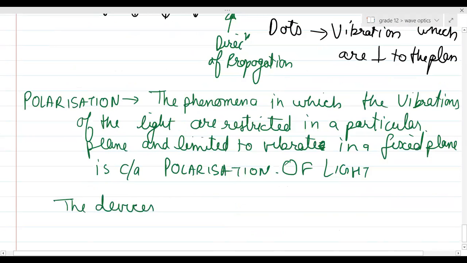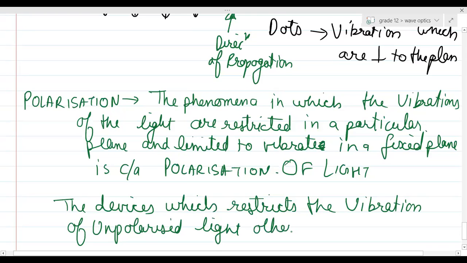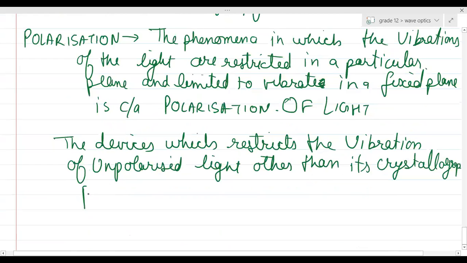The devices which restrict the vibration of unpolarized light, I'll show you a video, don't worry, and its crystallographic plane, are called polarizers.